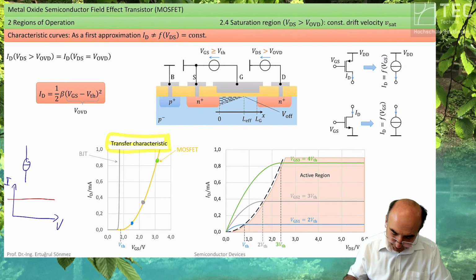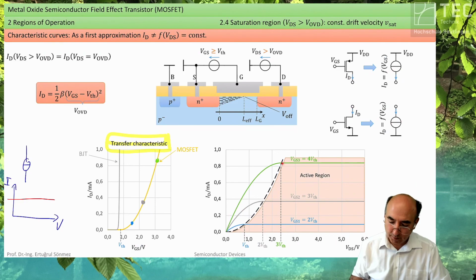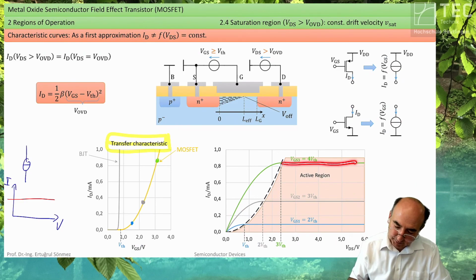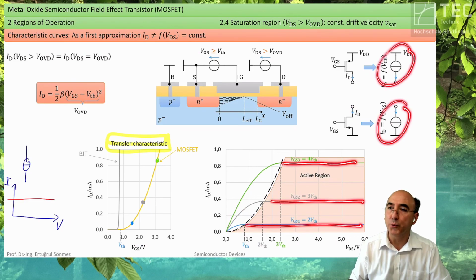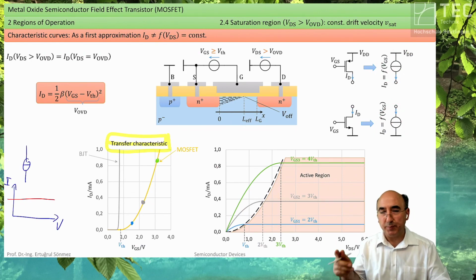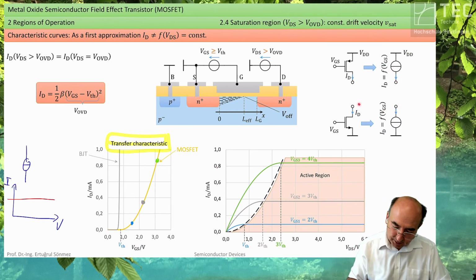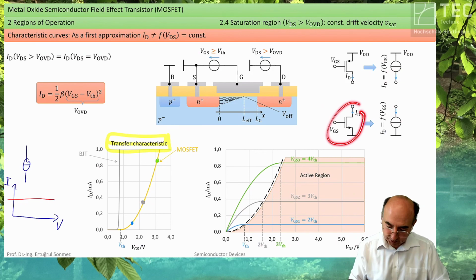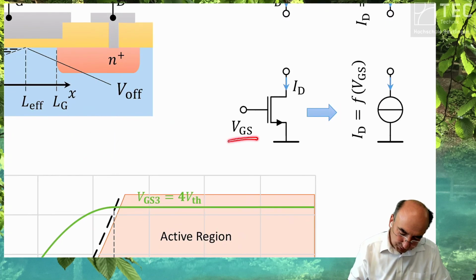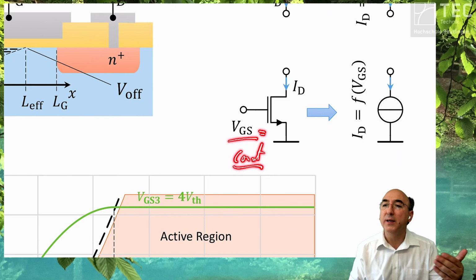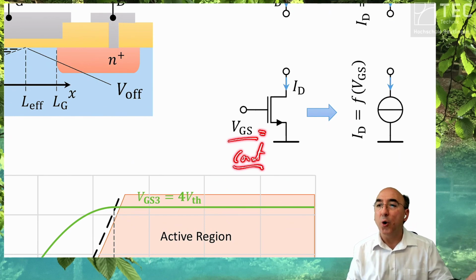Good. Now we have these output characteristics in the first approximation as a constant current sink or a constant current source. And for the sake of simplicity, you say for a transistor, if the gate source voltage is constant, it is a current source.